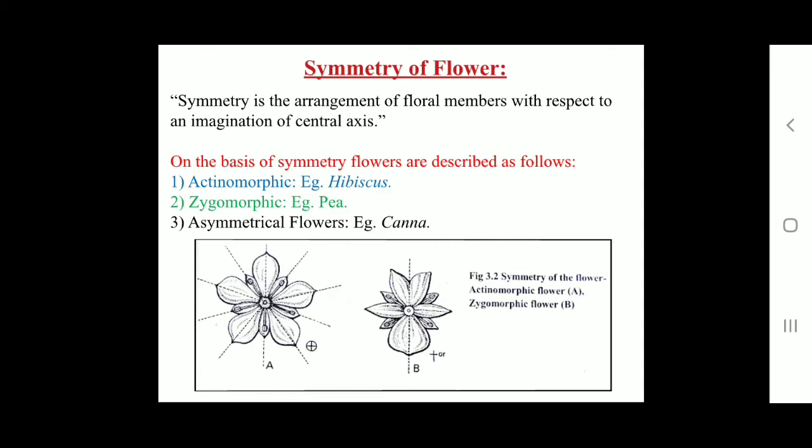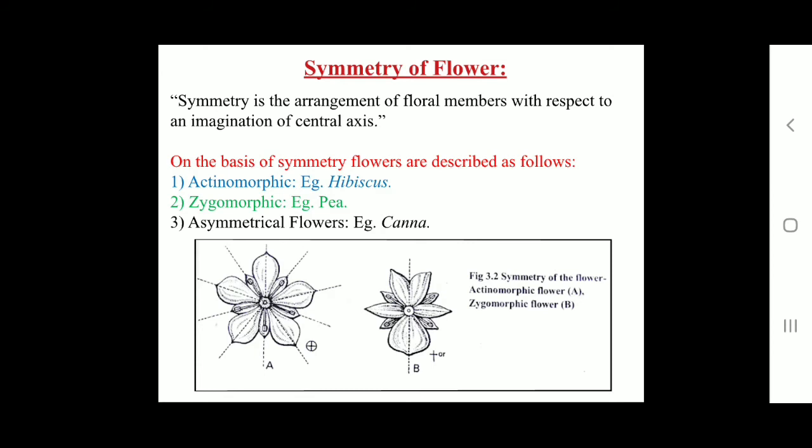Then next topic in this flower is the symmetry of the flower. Symmetry is the arrangement of floral members with respect to an imaginary central axis.